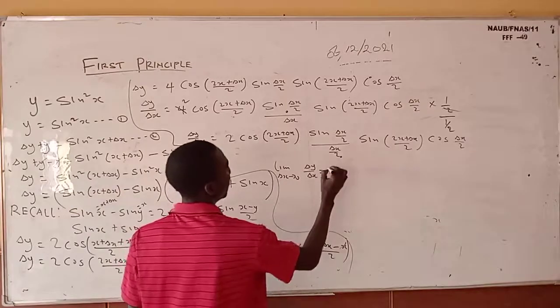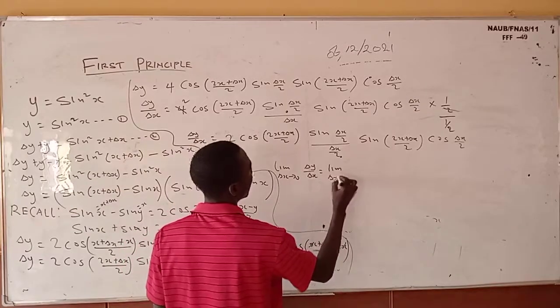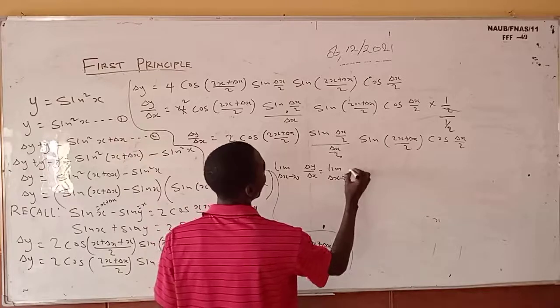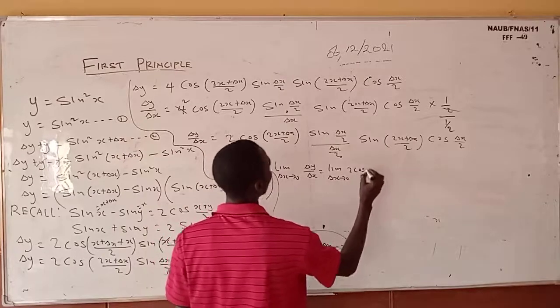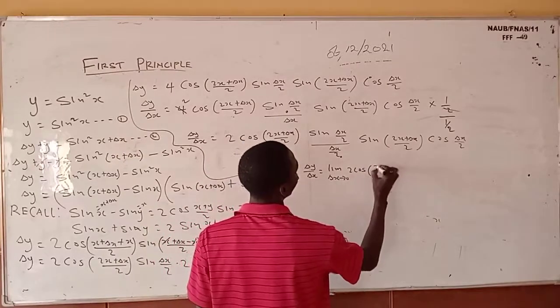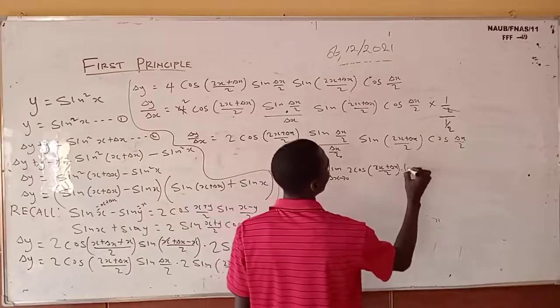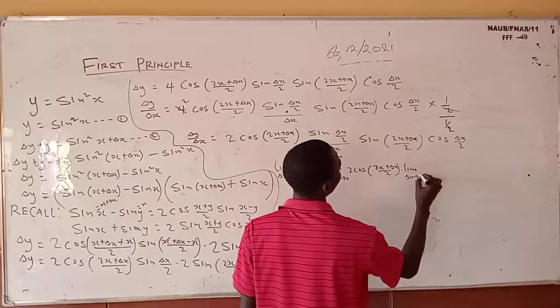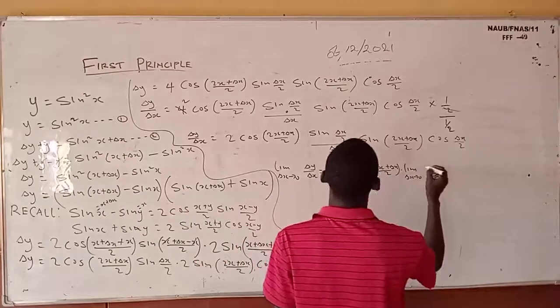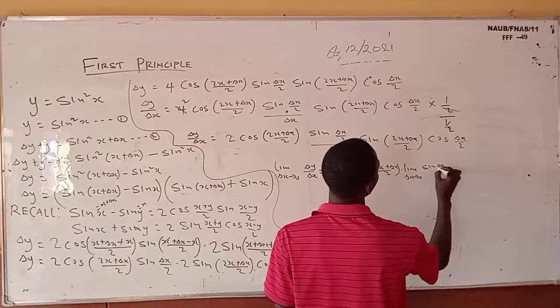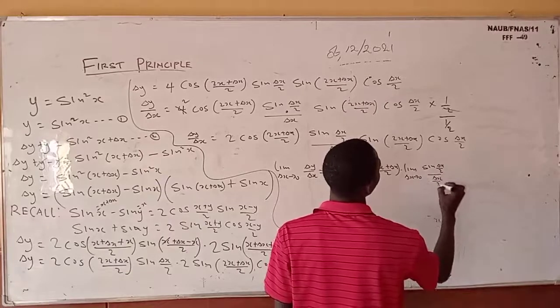So now let's take the limit as change in s approaching 0 of change in y over change in s. Limit as change in s approaching 0 of 2 cos 2s plus change in s over 2, limit as change in s approaching 0 of sine change in s over 2 over change in s over 2.